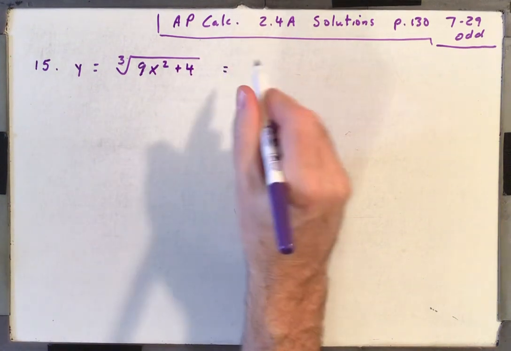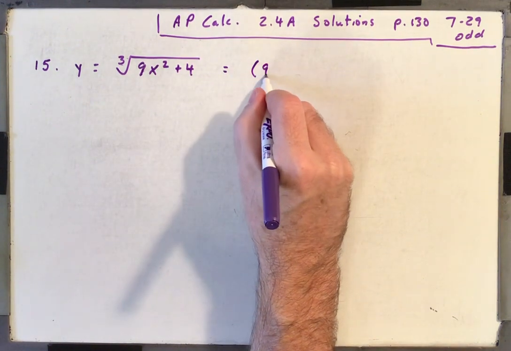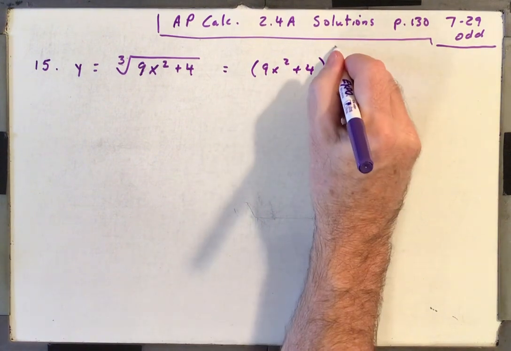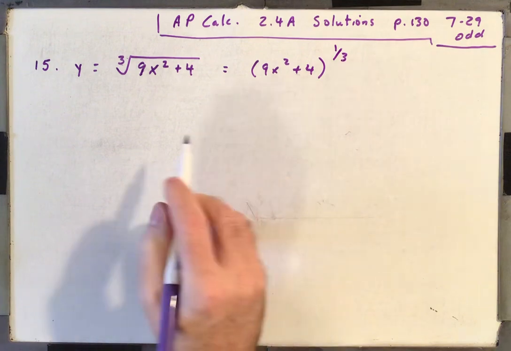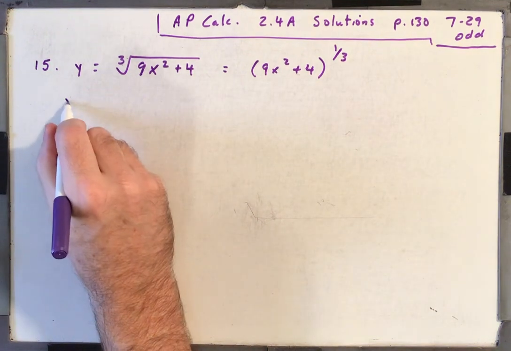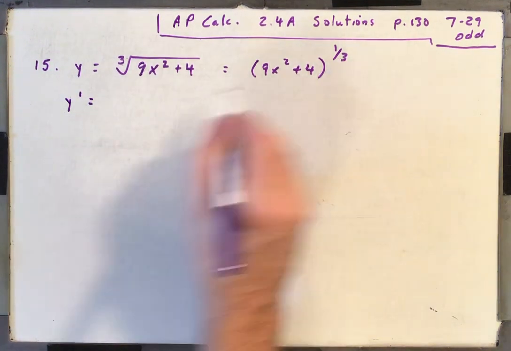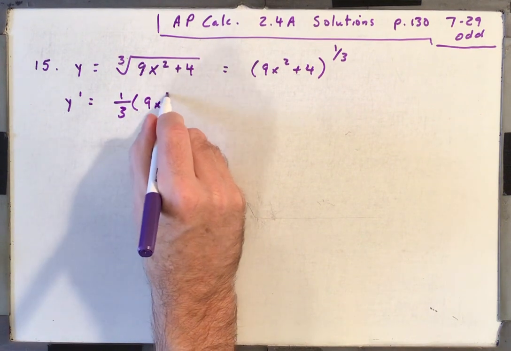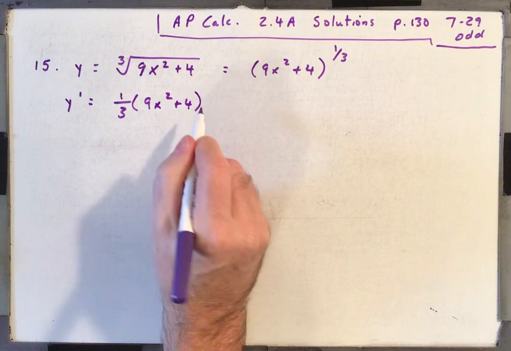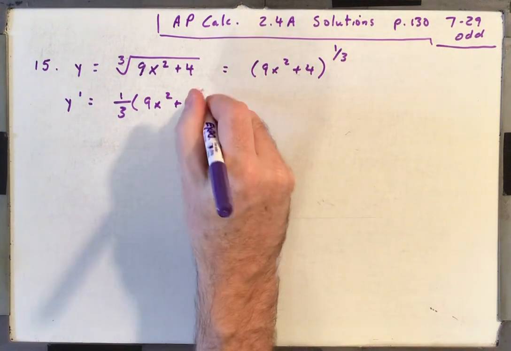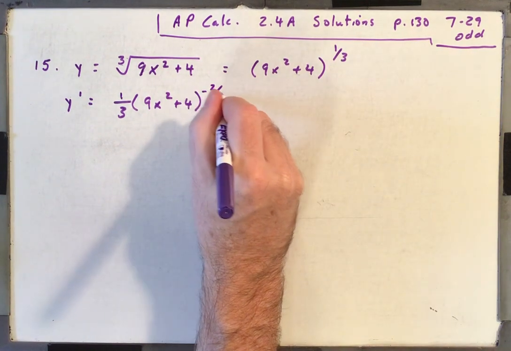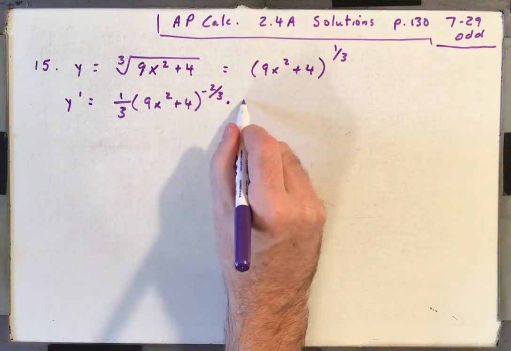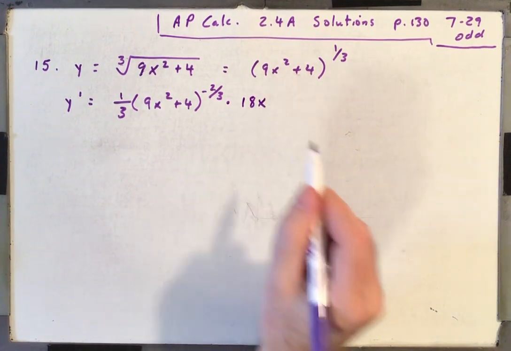Okay, let's rewrite that as 9x squared plus 4 to the 1/3 power. All right, now y prime is going to be, bring that 1/3 out front, times 9x squared plus 4. The exponent would be minus 2/3 if you subtract 1. Don't forget times the derivative of the blob, that would be times 18x.